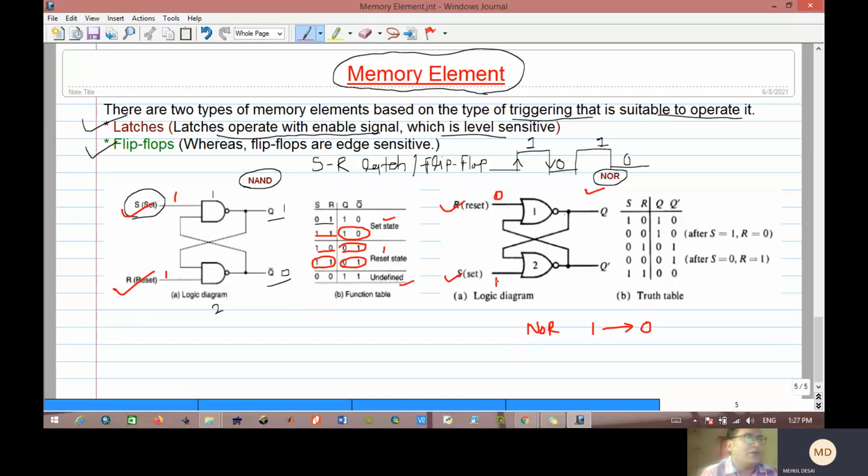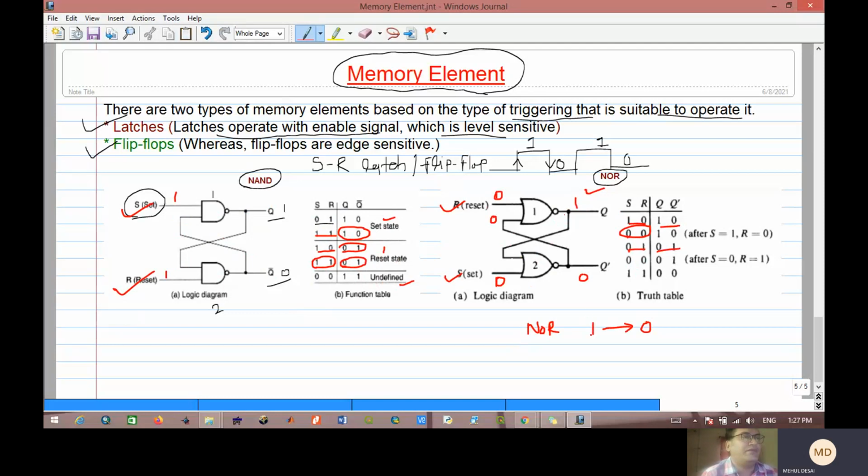So with 1 and 0, we get output 0 here, and this 0 comes here, so 0 0 gives 1. So for 1 0 we get the output 1 0. Similarly for 0 1 we get 0 1. And for 0 0 we get the previous output, which we cannot predict.